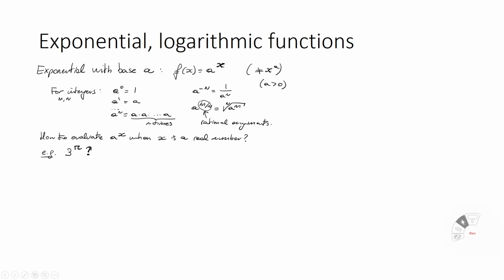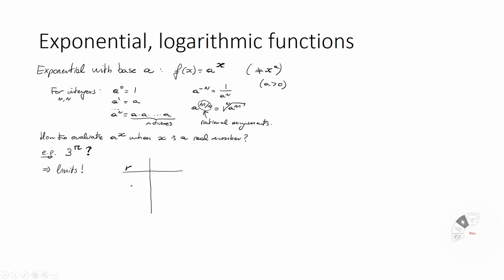And the answer is, well, we're going to use limits. And what we can do is we can take a sequence of rational values that come closer and closer to the exponent that we want to calculate, and then we figure out what the limit is.